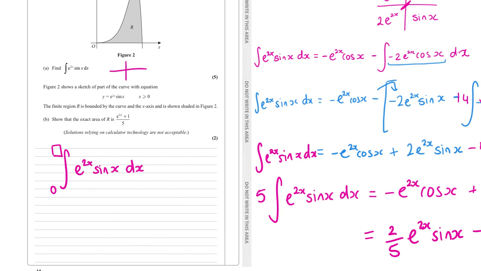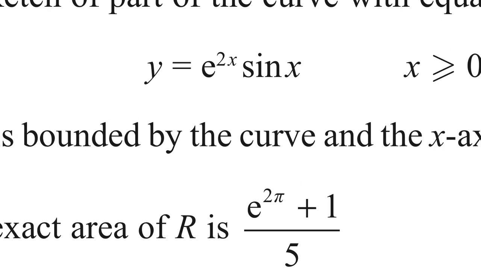However, what we do know is along here, what does y equal? 0. Okay? So we know 0 equals e to the 2x sine x. For what values of x is this true?